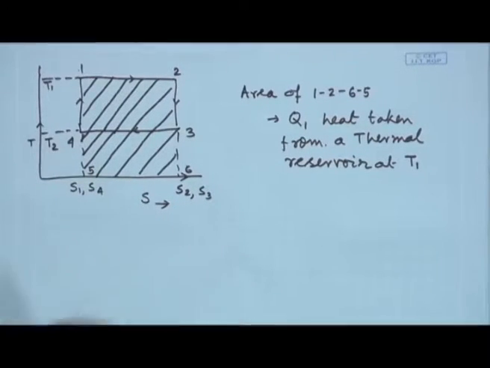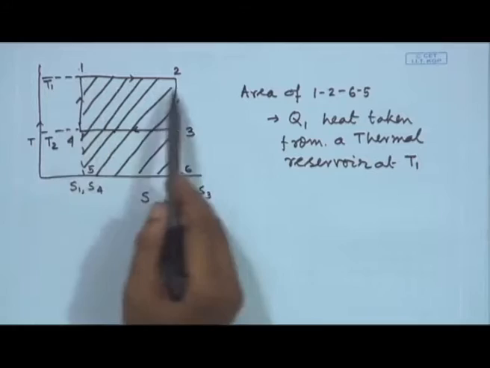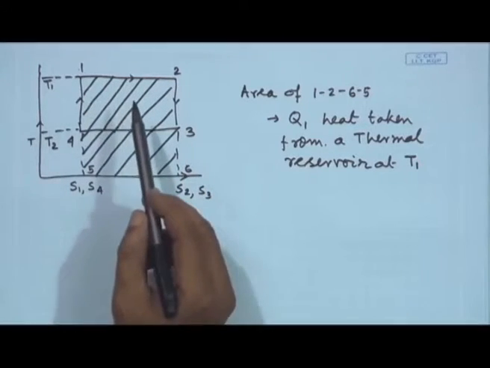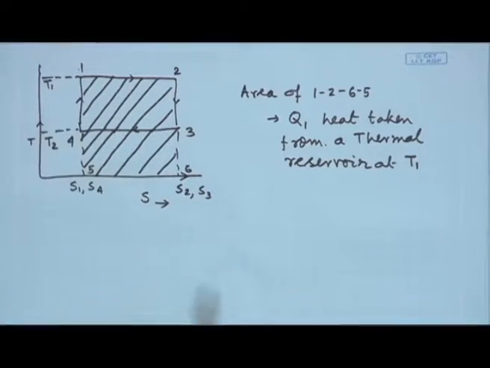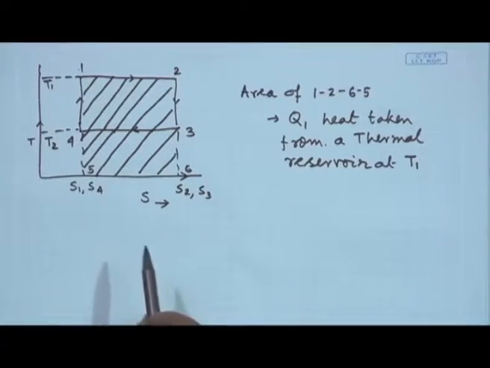I have taken TS coordinates, temperature and entropy, and then I have shown 1 to 2, that is the heat addition process, which has taken place at a constant temperature T 1. The heat rejection process has taken place at a constant temperature T 2.